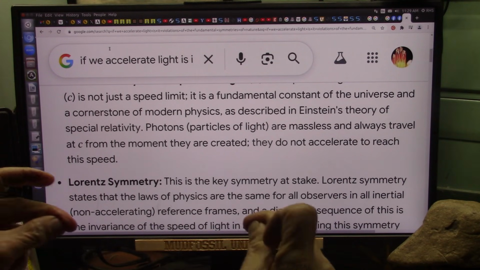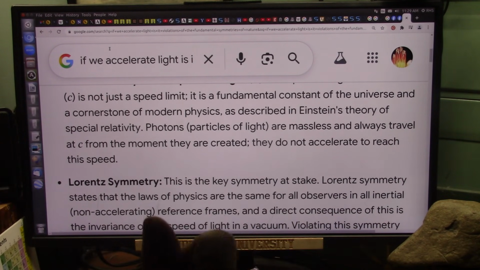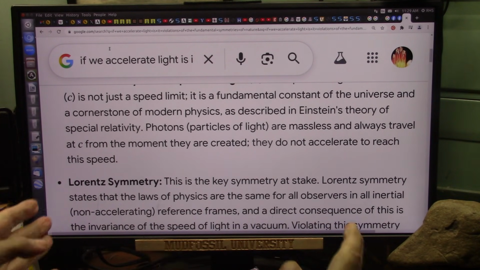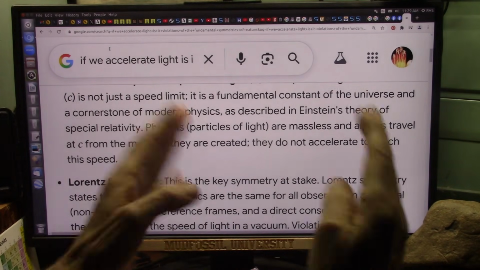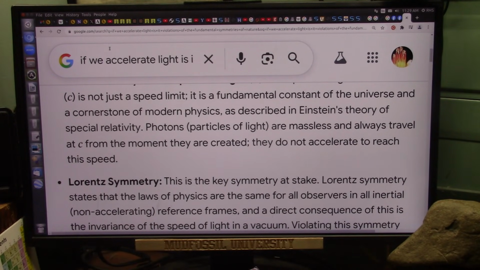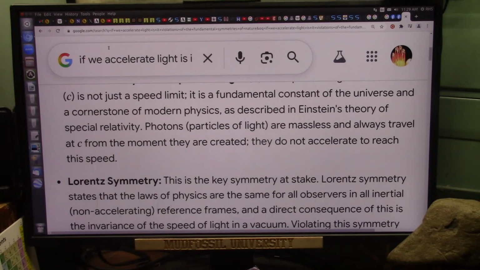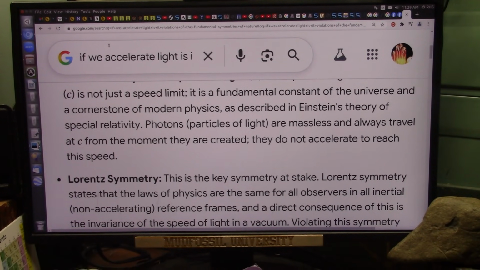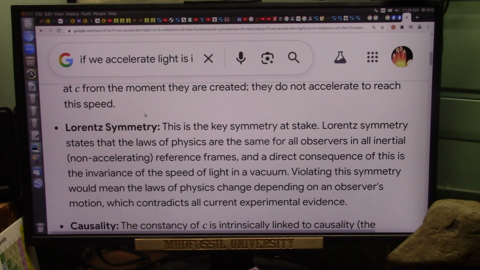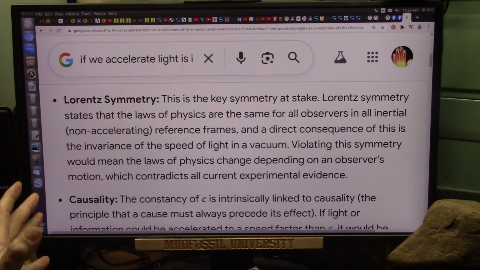They're created in a snap. Yes, I agree with that. So maybe they don't accelerate to reach that speed, but some of them can accelerate beyond the speed of light. So yes, they can accelerate. That's not a problem. I mean, everything in physics is wrong because it's built on the wrong foundation.